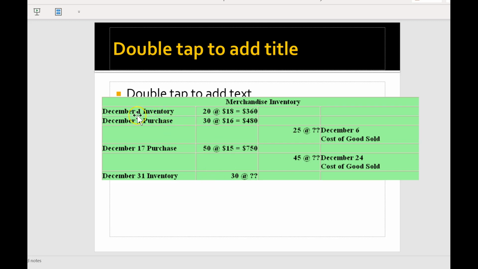So I'm going to organize the inventory by December the 1st. That's a purchase of 20 units, each unit $18, right? And December the 4th, we purchased another 30 units, each unit $16. And that's 480 in total. So the question is, what is the cost when we are selling the inventory on December the 6th?